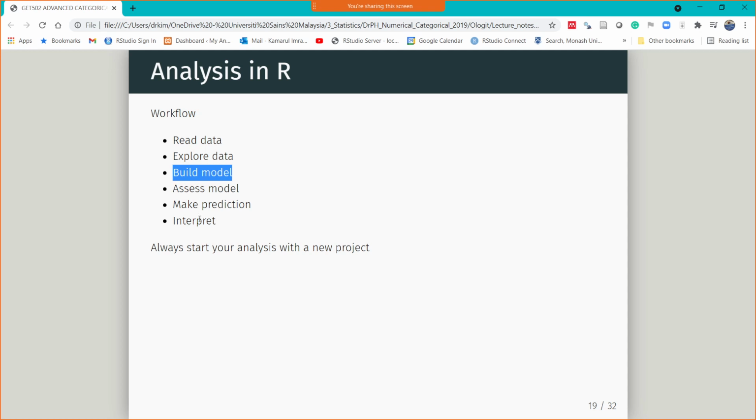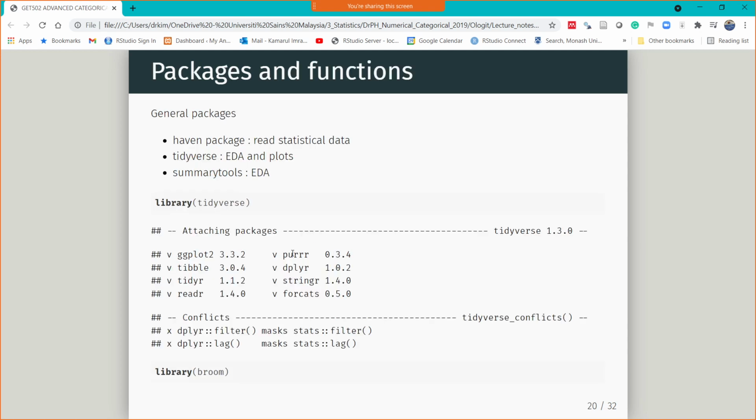Assess your model, make predictions, and interpret. In the exam, this exploratory data analysis is not important, okay? Because we assume that you are good at it already. And always start your analysis with a new project.